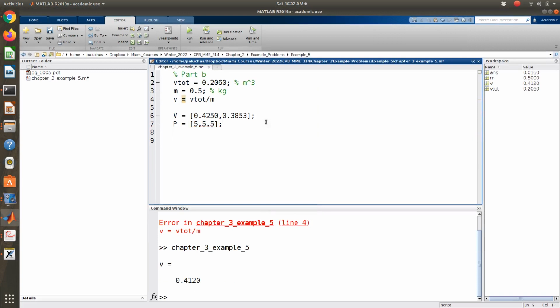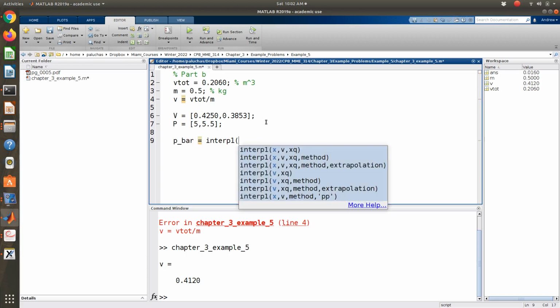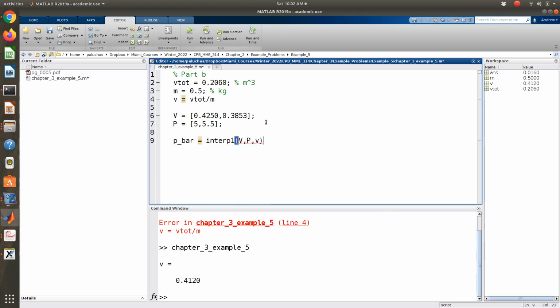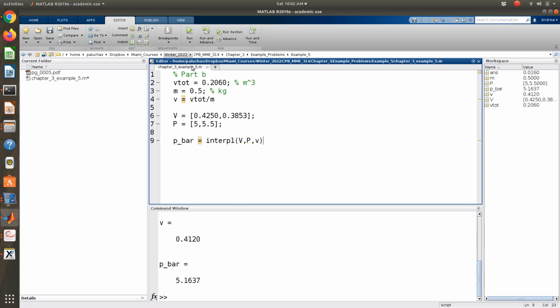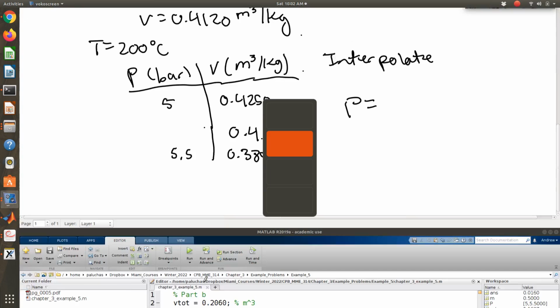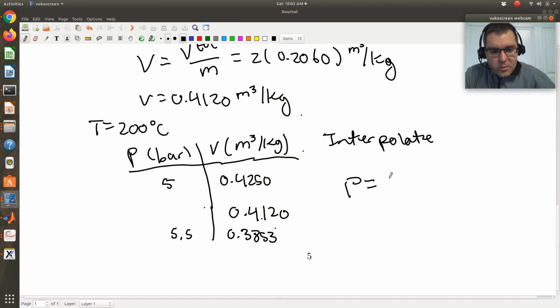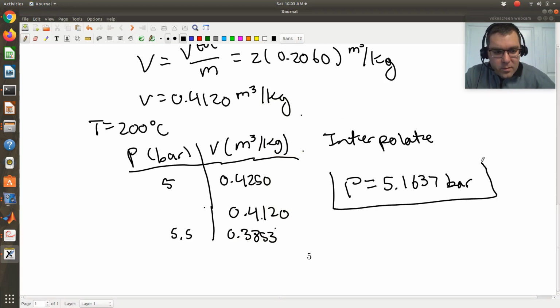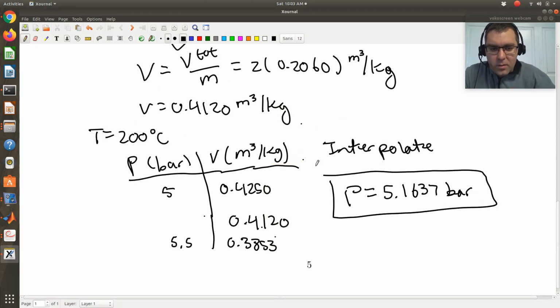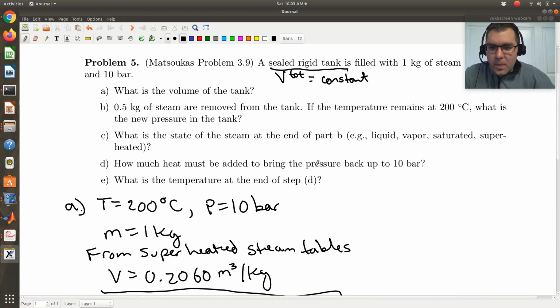To get my pressure, which would be in bars, I'm going to use interp1, so linear interpolation. First comes my independent variable, which in this case is V, followed by pressure, and then the volume at which I want to compute P. Running it, we get a pressure of 5.1637 bar. Okay, cool.